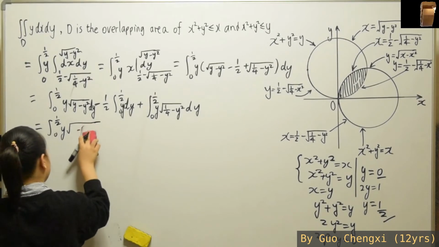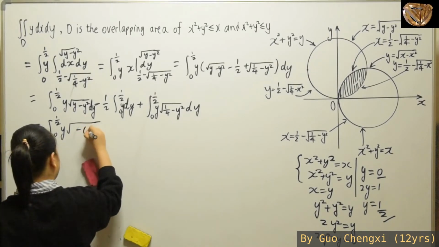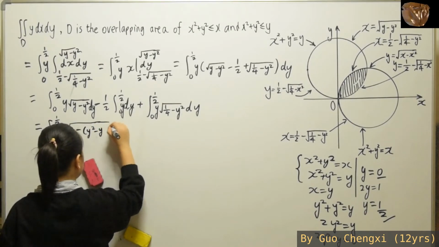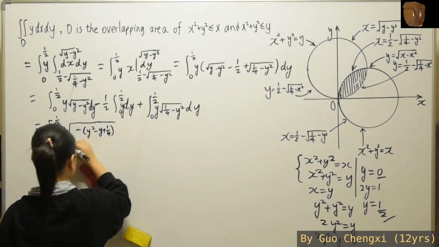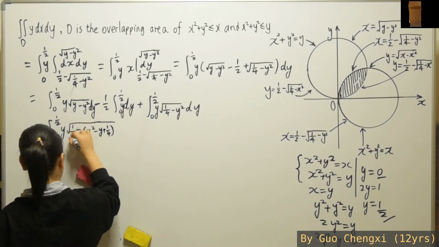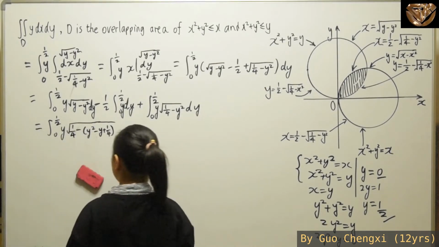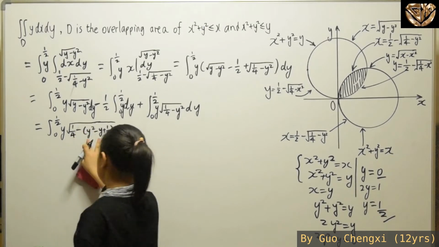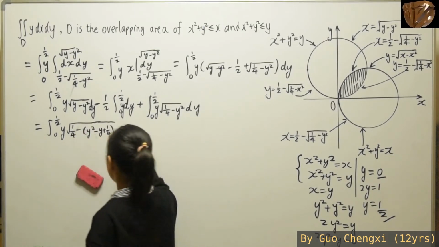What you are going to have here is going to be a negative bracket y square minus y plus 1 over 4, and then here, this is minus 1 over 4, so here you need to have another 1 over 4. So this part you basically complete the square, and then you get this, and then dy.